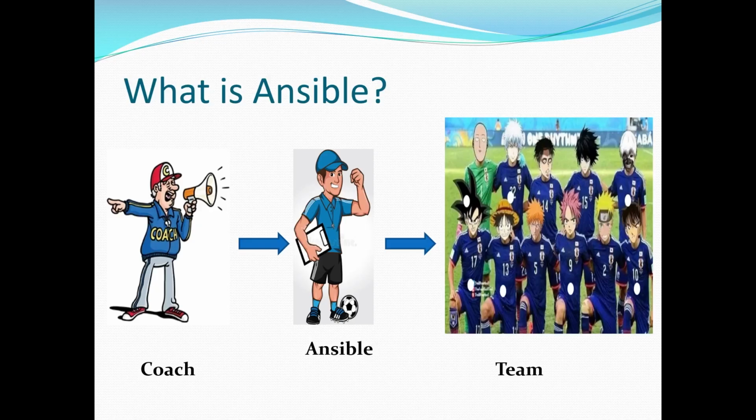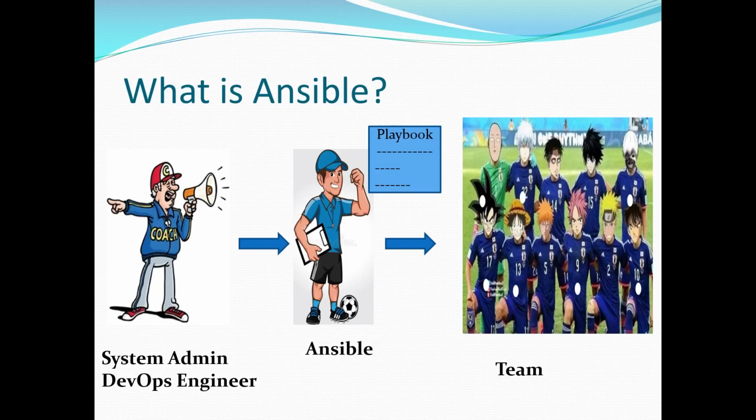Similarly, Ansible is also like an agent or assistant that helps a system admin or a DevOps engineer to manage or configure many systems. That means your system admin or the DevOps engineer can provide lots of instructions, and also you can download and install lots of software in different machines at the same time.